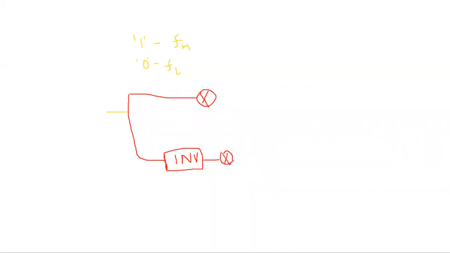So there is an inverter and these two multipliers. The second input of the first multiplier is a carrier with high frequency. So we have a carrier, suppose A cos, and its frequency is higher, so I will write it as omega h, where H denotes high frequency, omega ht. Instead of omega ct I have written omega ht here.